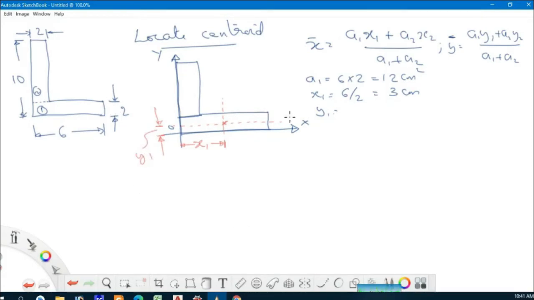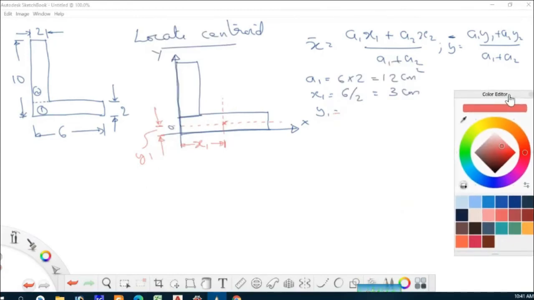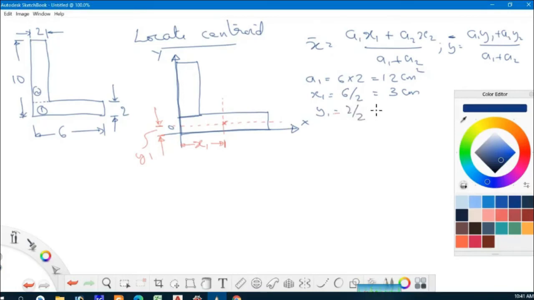It will be 2 by 2, equal to 1 centimeter. Okay, so these are the values of A1, the area of the first part, x1, the centroid distance of the first part to the reference axis, and y1, which is 2 by 2 equal to 1 centimeter.